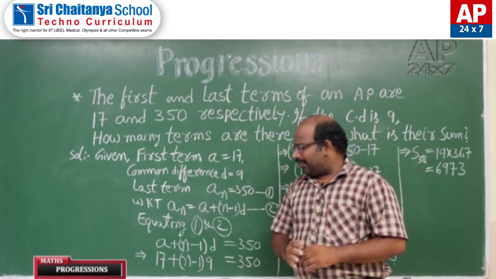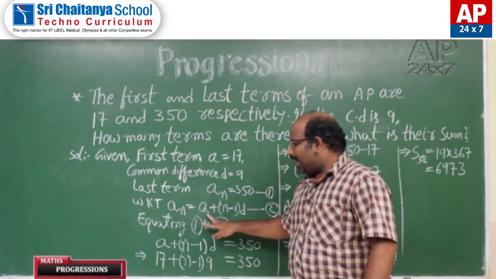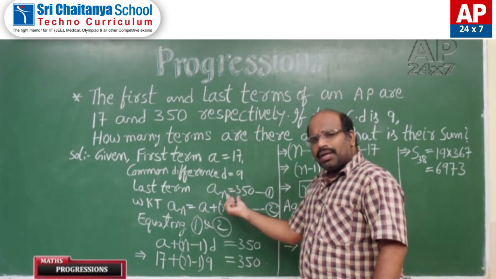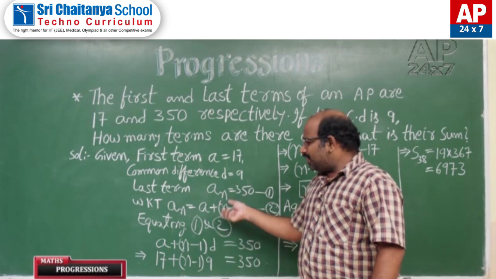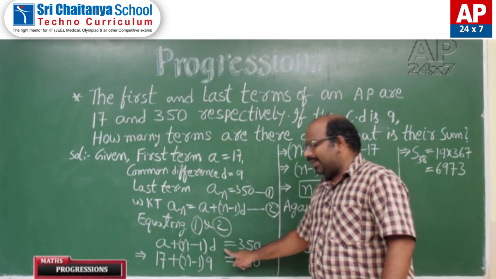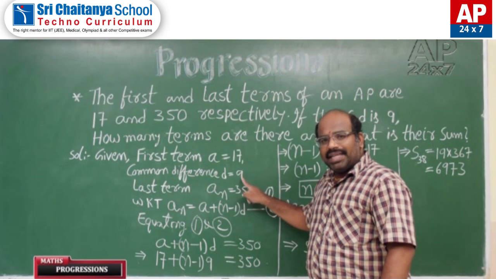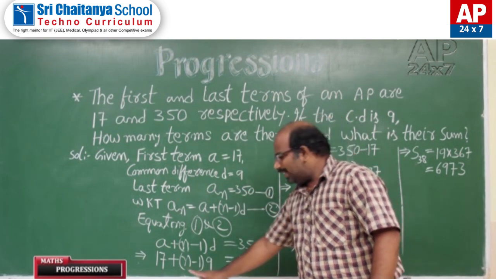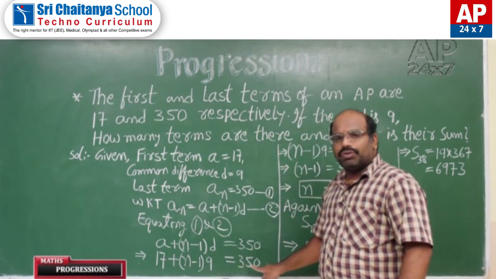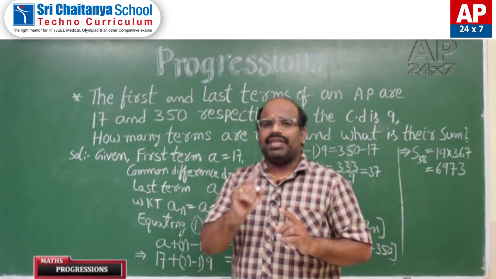As we already derived, the formula for the nth term is an is equal to a plus n minus 1 into d. Here, this is also an and this is also an. Equate these two values, so that a plus n minus 1 into d is equal to 350. Substitute the a value and d value in this equation, we will get 17 plus n minus 1 into 9 is equal to 350. We have to solve this equation for n.